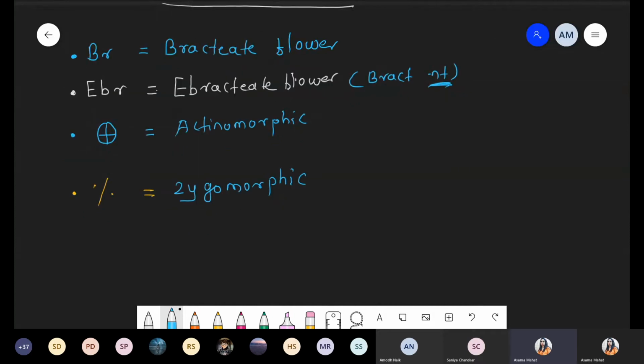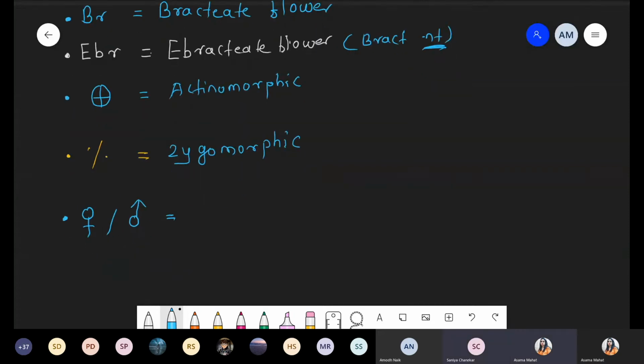Now quickly tell me the next symbol. अगर symbol ऐसे होगा, this one male or female, such condition is represented as unisexual or bisexual. Unisexual.